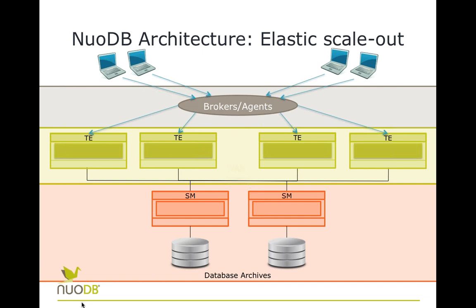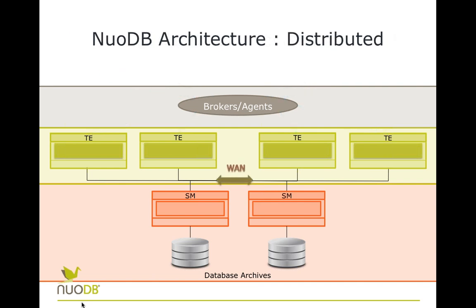And if certain benchmark queries, for example, are running too slowly, it will spin up additional transaction engines, and the brokers and the agents automatically load balance between all the available transaction engines so that the service levels are quickly restored. And then when the additional transaction engines are no longer needed, they are deprovisioned, so you're not paying for what you're not using. So there's the elasticity of a distributed system.